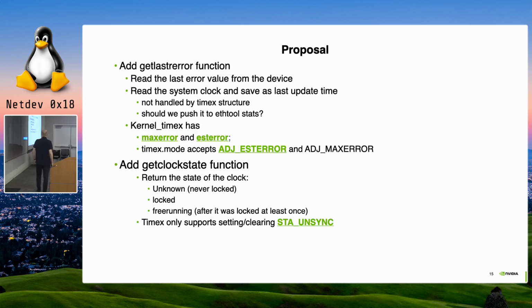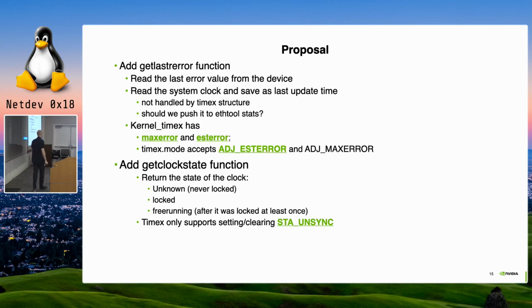The function get clock state is a bit problematic one, because unfortunately timex only supports one flag, which says the status unsync. So if it's set, the clock was not synced; when it's cleared, the clock is synchronized. We would probably want something that will give us more information. So I would say those three states are what we would probably like to have.